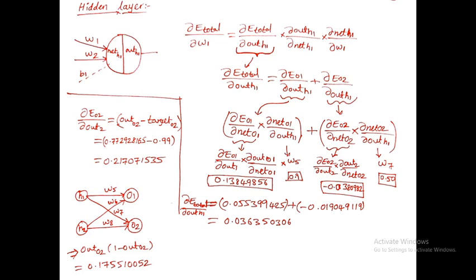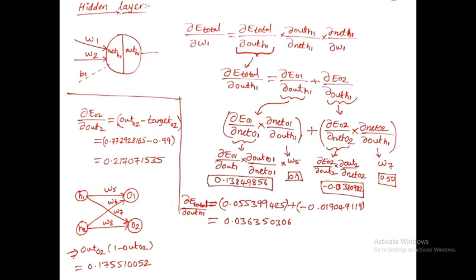There we got φ dash of v_j(n). v_j(n) is nothing but the netted input, y_j is nothing but the actual output, and ∂y_j/∂v_j(n) is nothing but the activation function differentiation. In the derivation we got it.